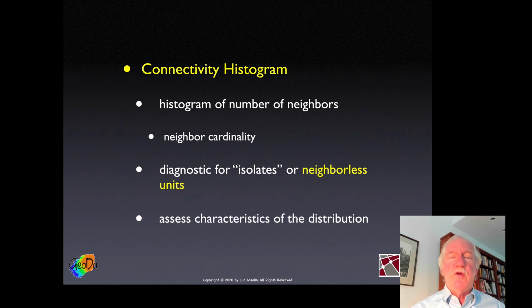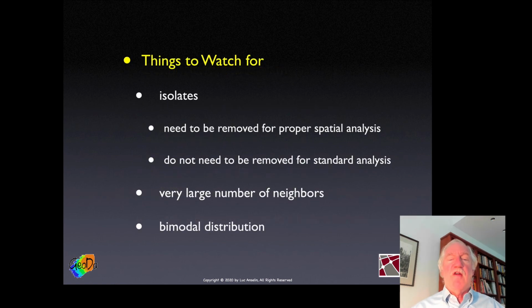This is really useful to find out whether we have a problem with isolates. Remember the isolates I mentioned earlier, those are observations that don't have a neighbor within the given distance band. So they're just floating there alone in space. There are some other characteristics of the distribution I illustrate in the lab notes, when you have situations of bimodal distribution, where some observations have very few neighbors and others have very many.